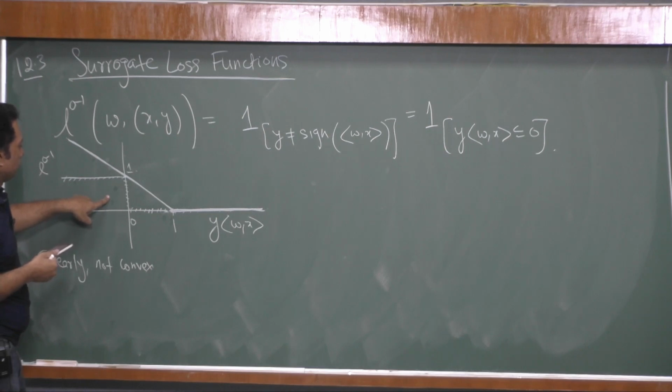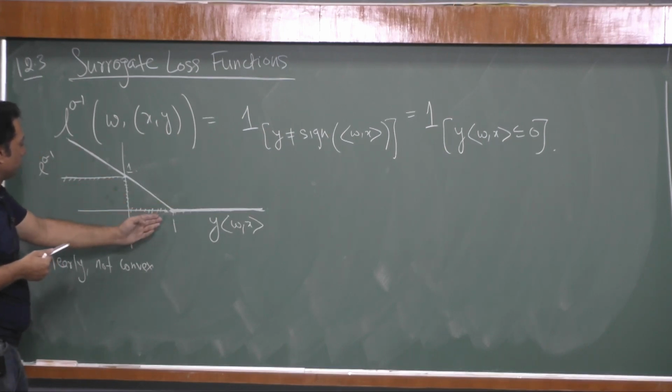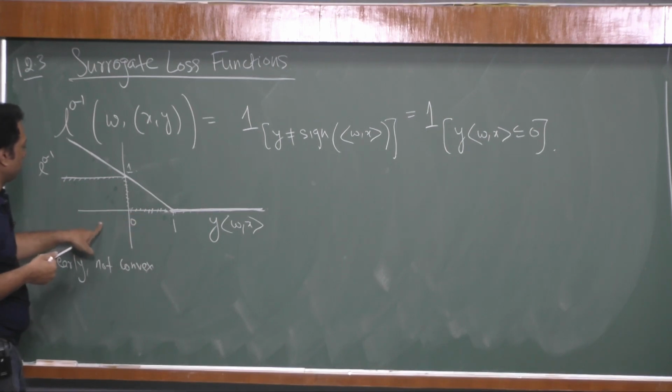So basically from here, what we learned with this surrogate loss is that if y W transpose x is less than 1, then the loss is something positive, or if it's less than 0, then it's greater than 1.